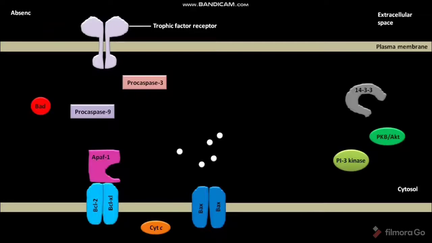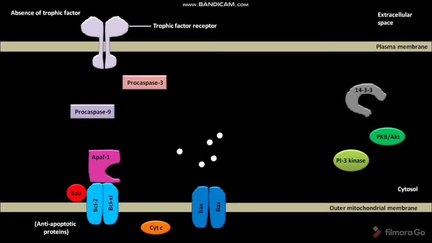In the absence of trophic factor, a soluble pro-apoptotic protein BAD binds to the BCL2 and BCL-XL proteins. These BCL2 and BCL-XL proteins are anti-apoptotic proteins and are inserted into the outer mitochondrial membrane.